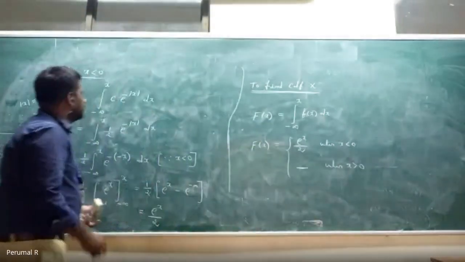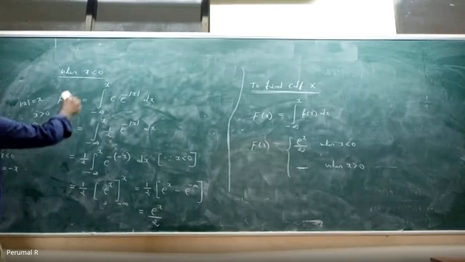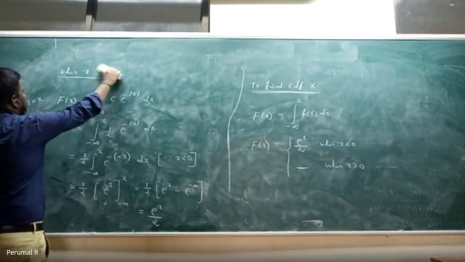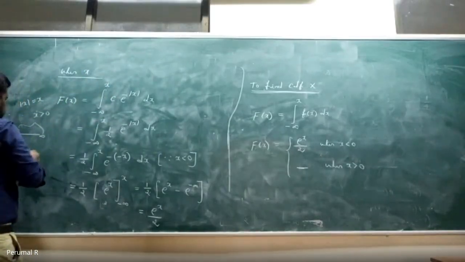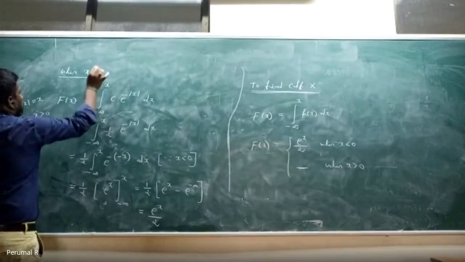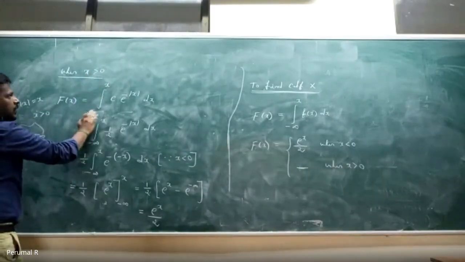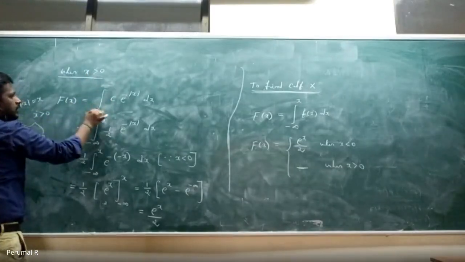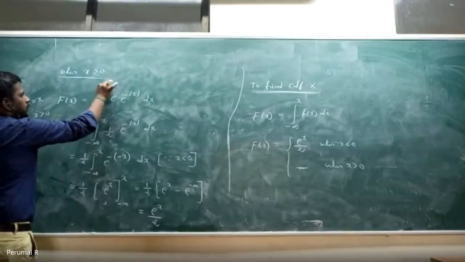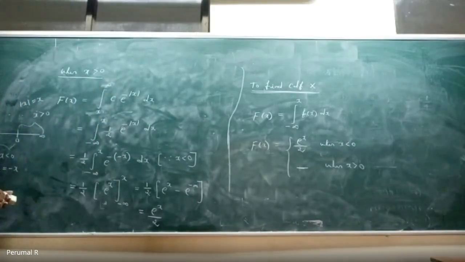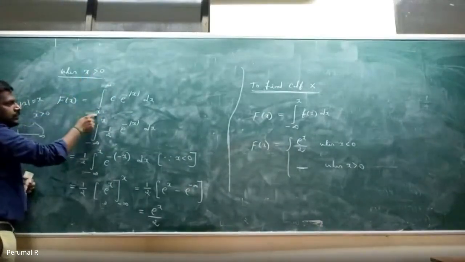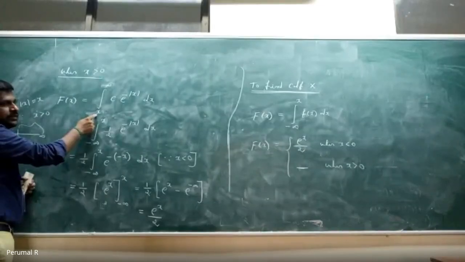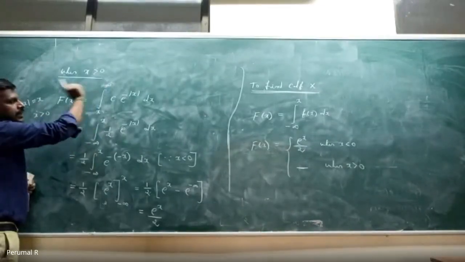What do you have to get? x greater than 0 means how to write it? You are writing x to infinity. Clear? x greater than 0, so what is your x value? 0 to infinity.